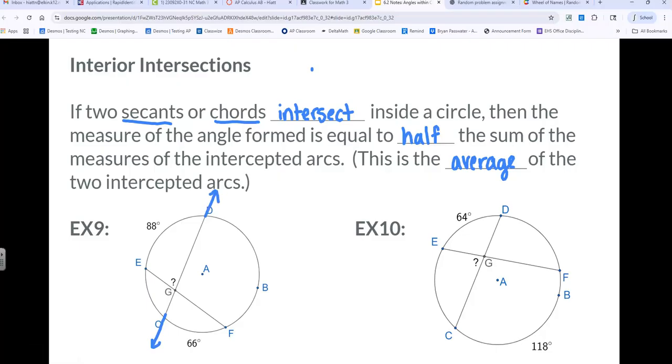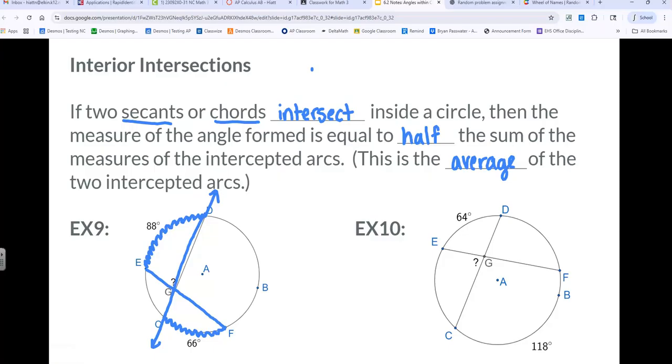So we're just basically looking at any two lines that cross inside of a circle here. So whenever that happens, we've got this line and this line crossing here, and we have two intercepted arcs. Now notice, this does not go through the center of the circle.